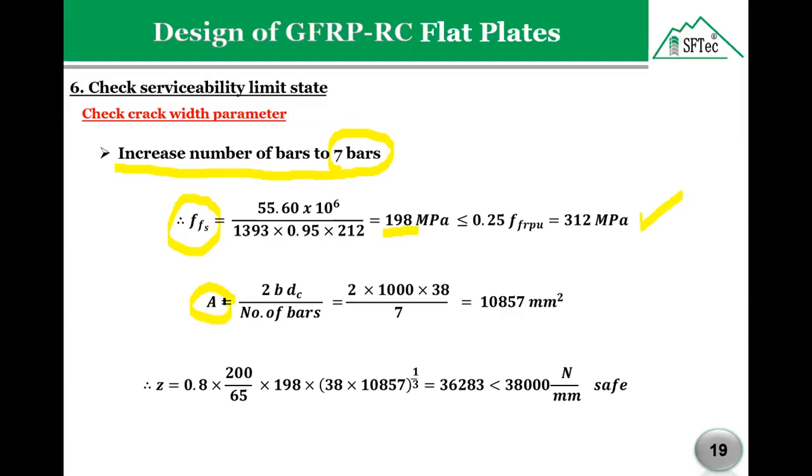And the factor A in the Z equation is changed to 10,857 millimeter square. Again, by substituting the new values of FFS and A, the value of Z equals 36,283. And actually this value is less than 38,000. So our design right now is safe.